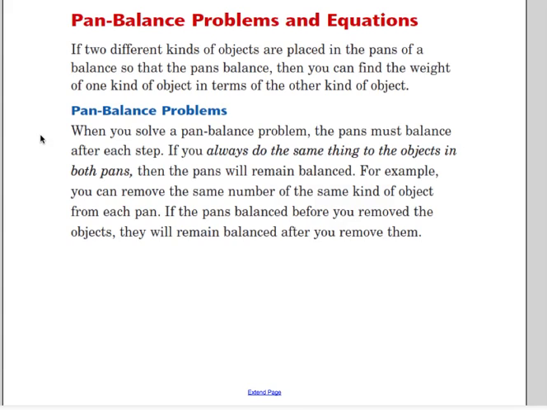As long as you're removing the same thing, you're still keeping those pans balanced. If the pans balanced before you removed the objects, they will remain balanced after you remove them. So that just means, like, if you can take off two paper clips from both sides, you're not going to change the balance of the pans as long as you remove the same thing from both sides.